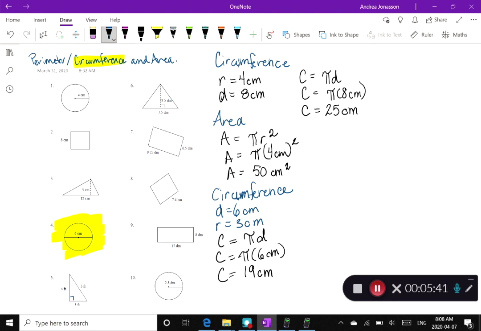Let's do the area now. Area of a circle is equal to pi r squared. Area of this circle is equal to pi times the radius, which was 3 centimeters, squared.